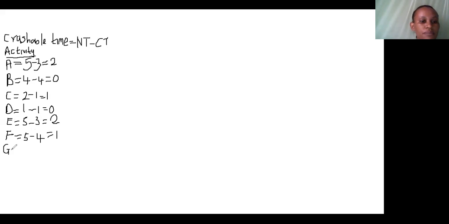Activity G has a normal time of 4 weeks and a crush of 2 weeks, so again we have 2 weeks as our crushable time. Activity H, the last activity in the project, has a normal time of 3 and a crush time of 2, so the crushable time is 1 week.